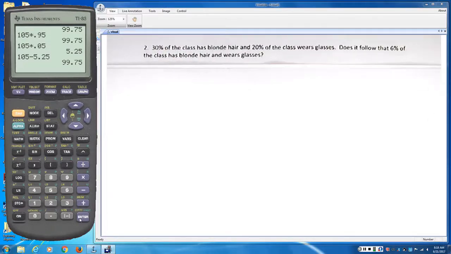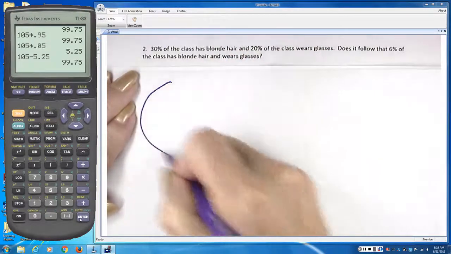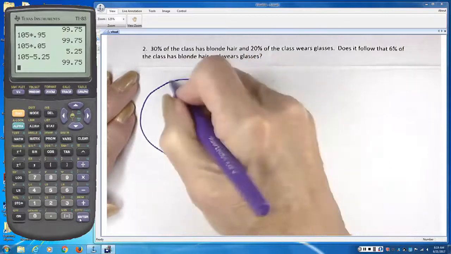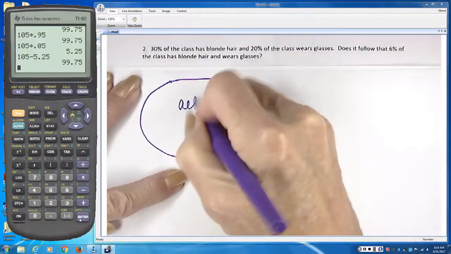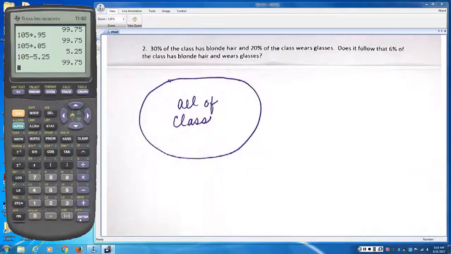Next problem says 30% of the class, that means all of the class, 30% of the class has blonde hair. So what my picture looks like for that is my whole class looks like this.